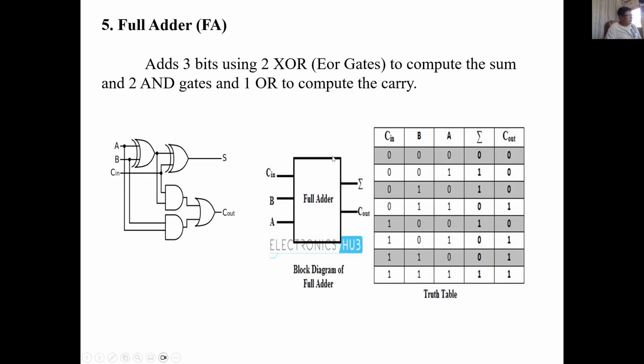Anyway, the XOR gate is still used. The 3-input XOR gate is still used to compute the sum, and the series of sum of products is used to compute the carry.